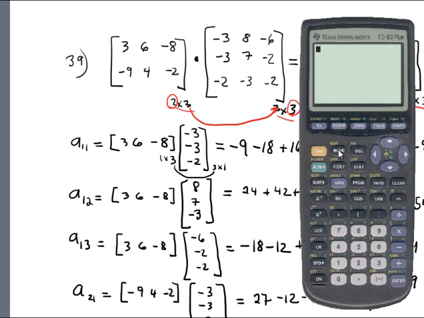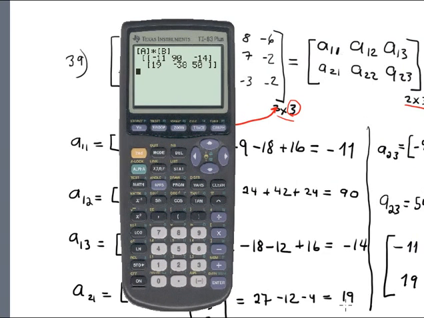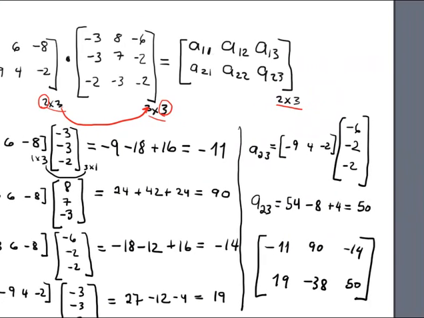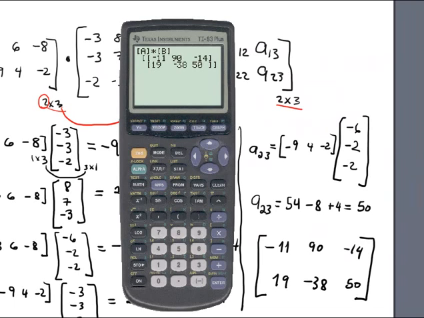Second mode again. Now multiplication, matrix A times matrix B. This is the answer. Let me check it with the answer by hand. The answer is negative 11, 90, negative 14, 19, negative 38, and 50. Perfect.